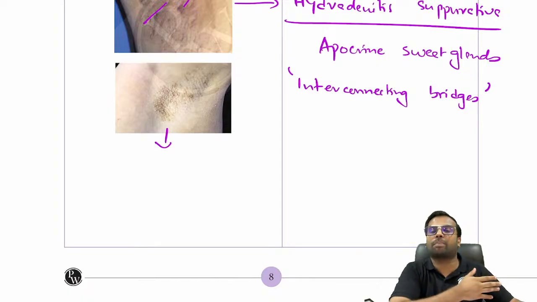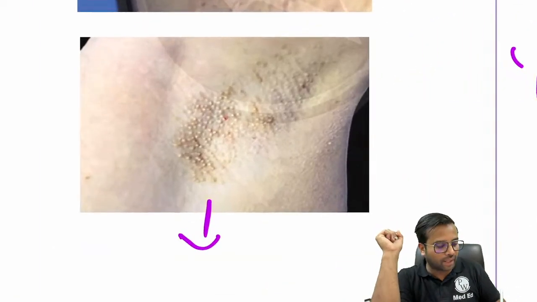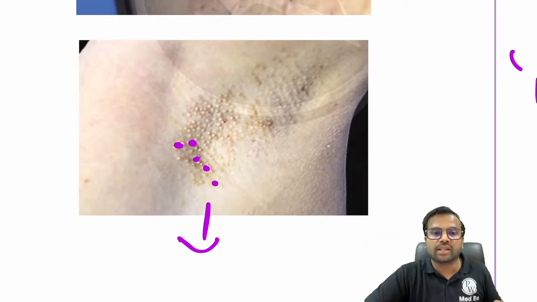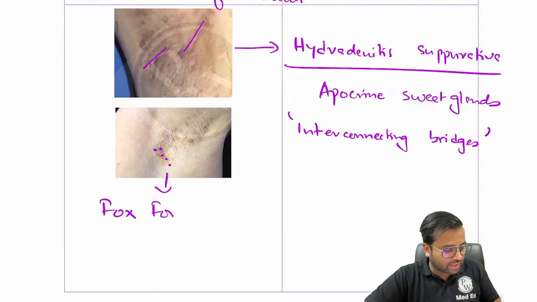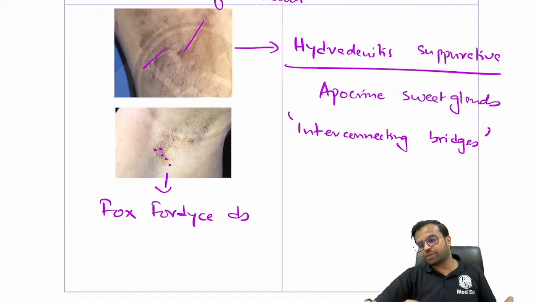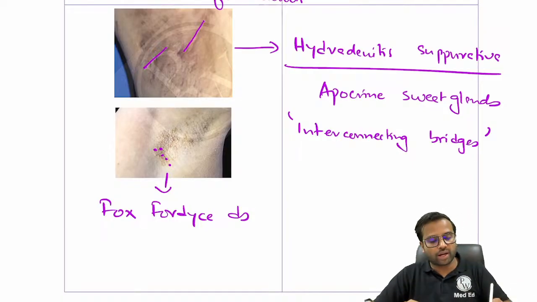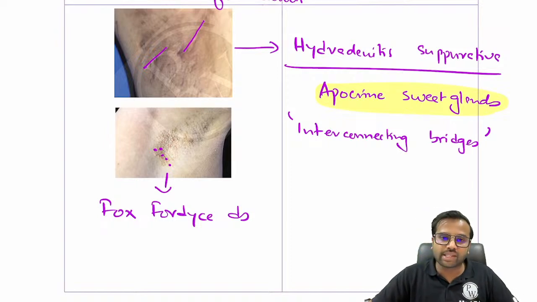Whenever there is an apocrine sweat gland disease and the patient develops multiple small papules like this over the axilla, this is called Fox-Fordyce disease. Even Fox-Fordyce disease is also a disease of apocrine sweat glands.